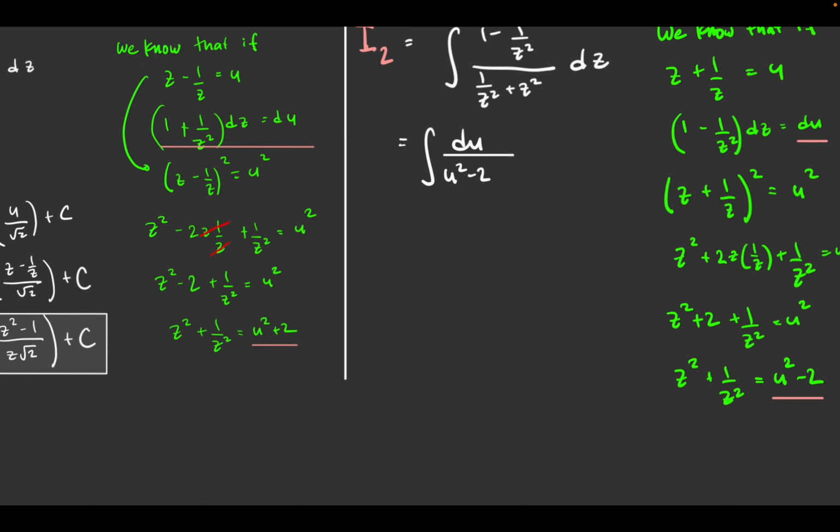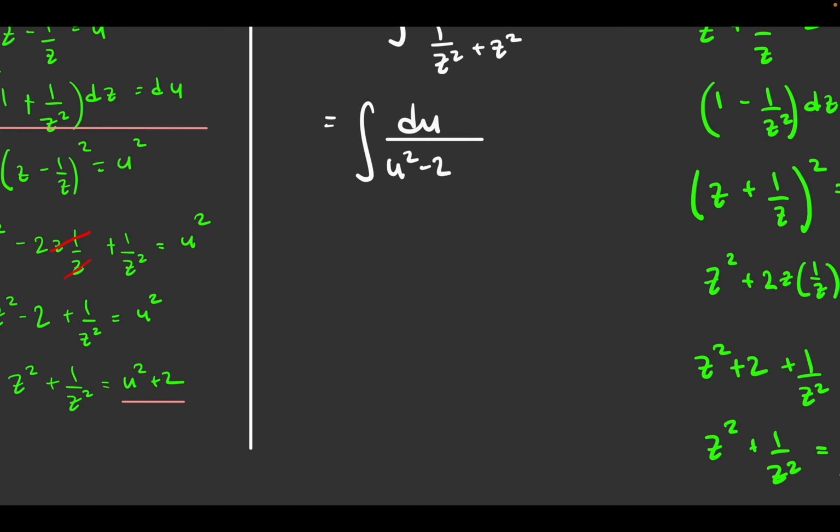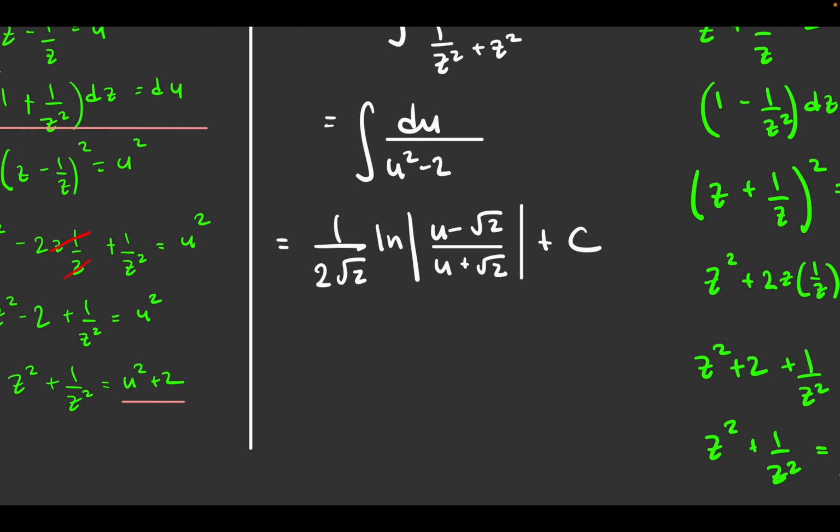And we know that in this form, this is just equal to 1 over 2 square root of 2 times the ln of u minus the square root of 2 over u plus square root of 2 plus c. So, yun lang dun siya.